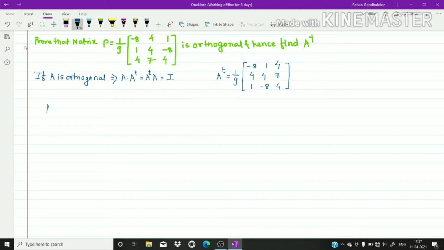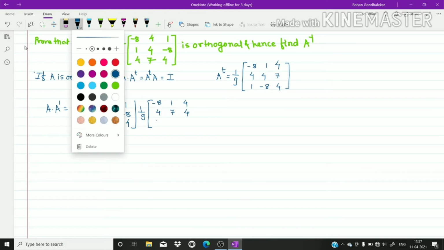Now we'll go for the A into A transpose. A into A transpose will be 1 upon 9 into A. That gives me minus 8, 4, 1, 1, 4, minus 8, 4, 7, 4 into A transpose, that is 1 by 9 into the matrix minus 8, 1, 4, 4, 4, 7.